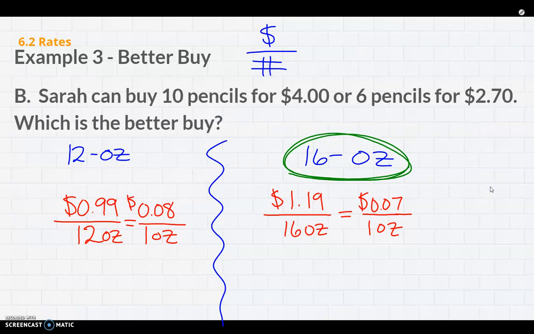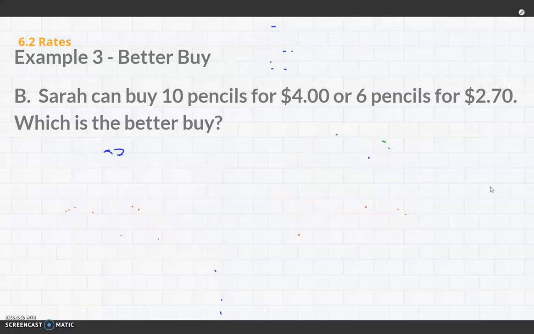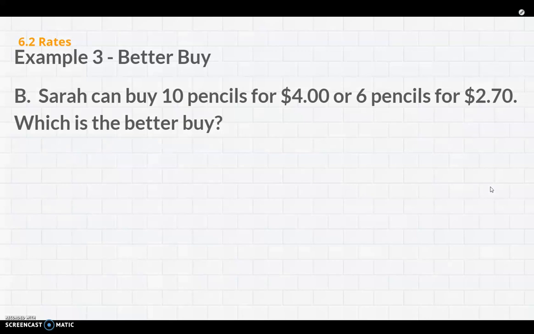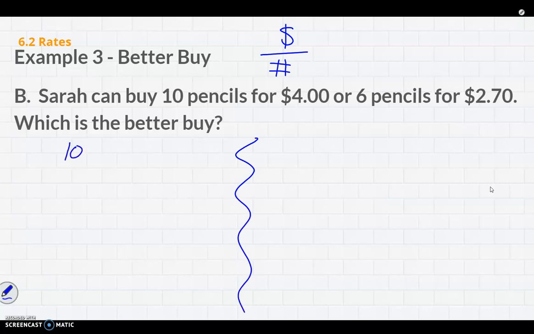Okay, Sarah can buy 10 pencils for $4 or 6 pencils for $2.70. Which is the better buy? Again, we're taking our cost and we're dividing it by our quantity. So here I'm going to do the 10 pencil pack, and here I'll do the 6 pencil pack. Okay, pencils.